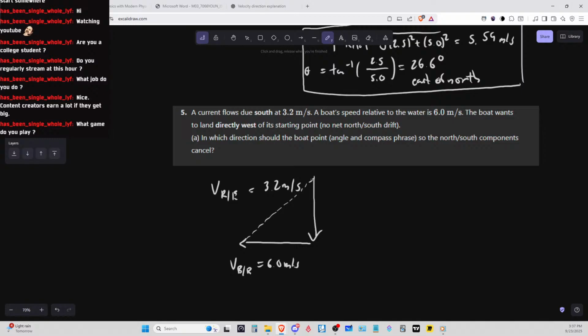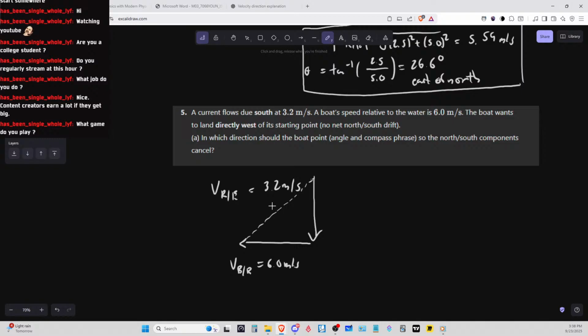But like tonight, I'm planning to play Honkai Star Rail because there's a new update. I don't usually stream on Tuesdays, but the updates for Honkai and Genshin usually come out on Tuesdays, and it's usually later at night. So probably tonight I'm gonna stream around 10 p.m. Eastern time.